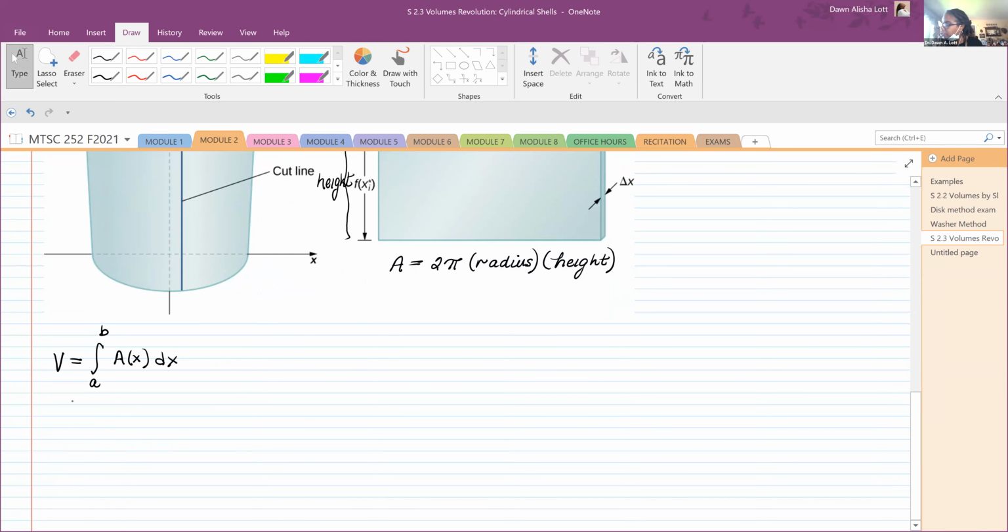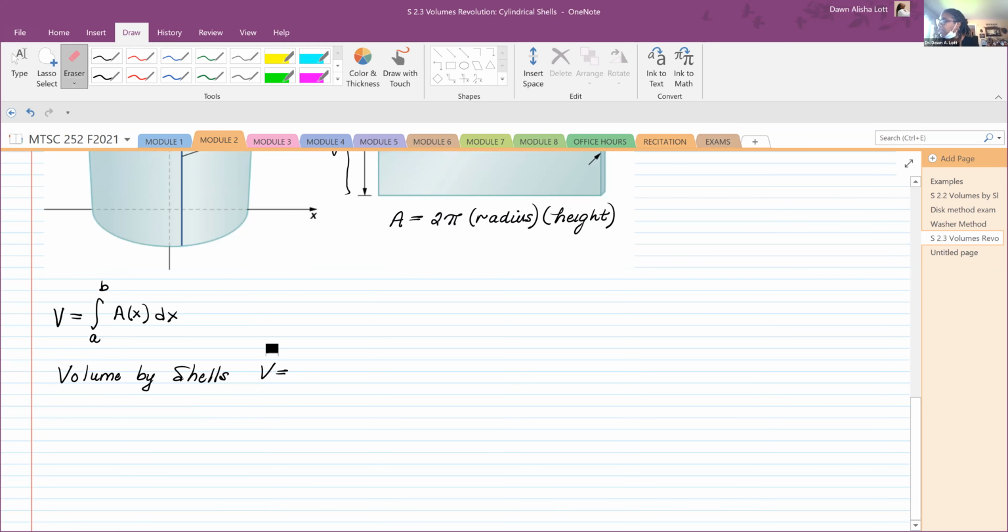So that's what goes in my formula when I do volume by shells. Let's say I'm going to rotate around a vertical line.